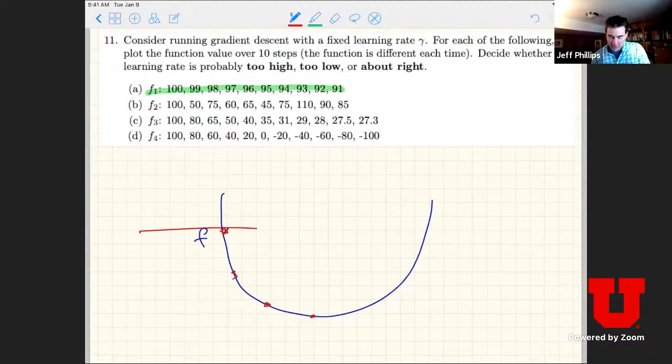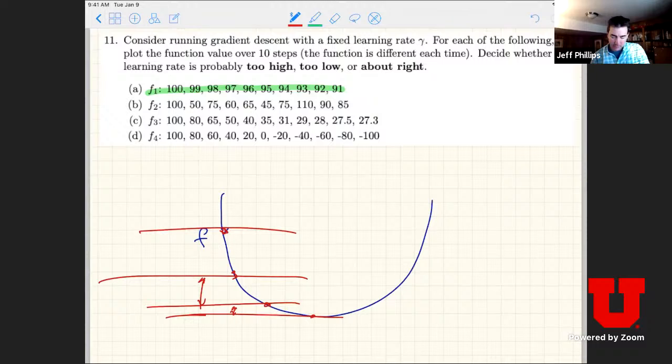You get a big jump, then a smaller jump, then a smaller jump, and these gaps should be getting smaller every time. This first case looks basically straight. It's not curving at all. That means my steps are too small, so the learning rate is too low.